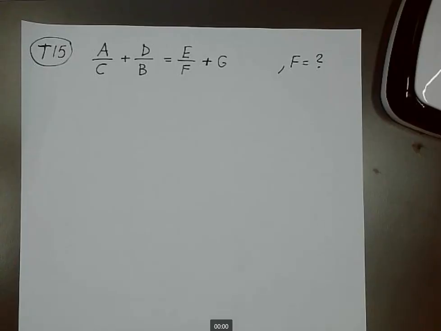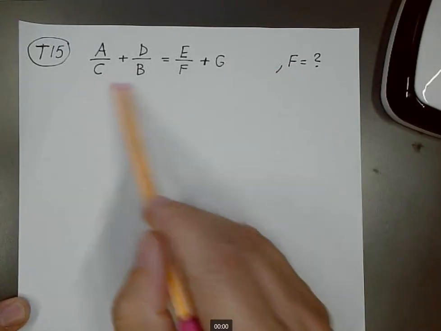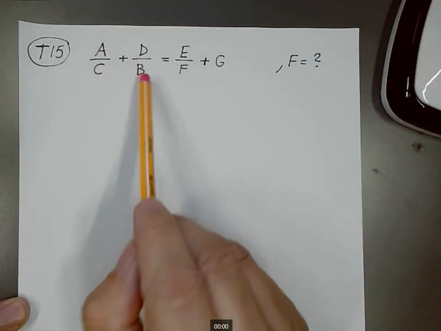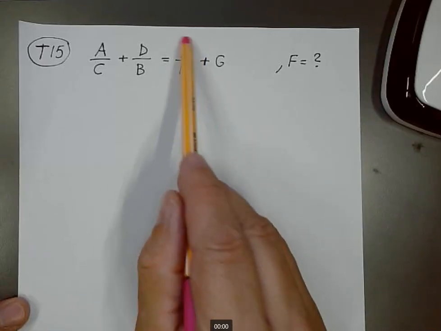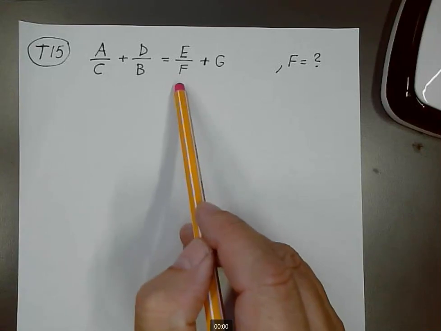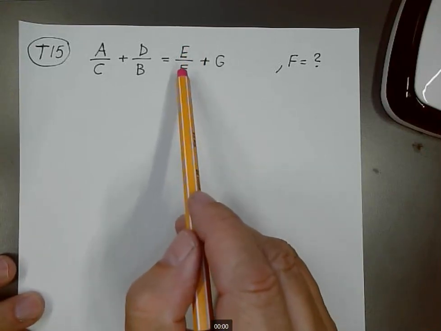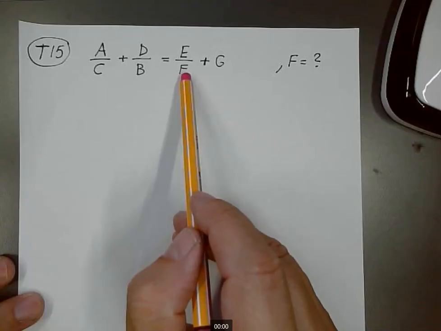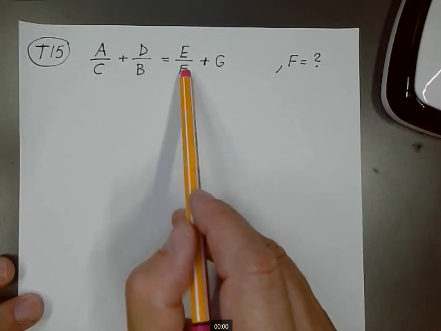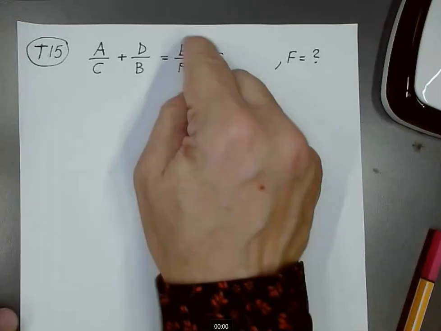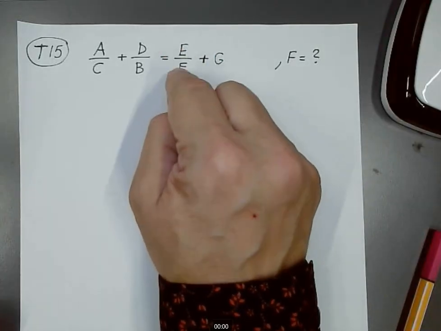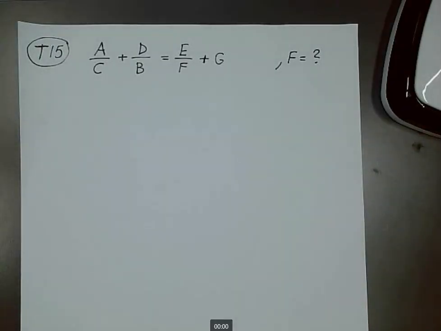I would solve this problem by first looking where the letter F is in this equation. It is not here, and it is not here, but it is here in the bottom part of this division. So I don't care about anything else but the place where I found that unknown letter, and it is here. So I leave this part of the equation in this place and move everything else to the other side of the equation.